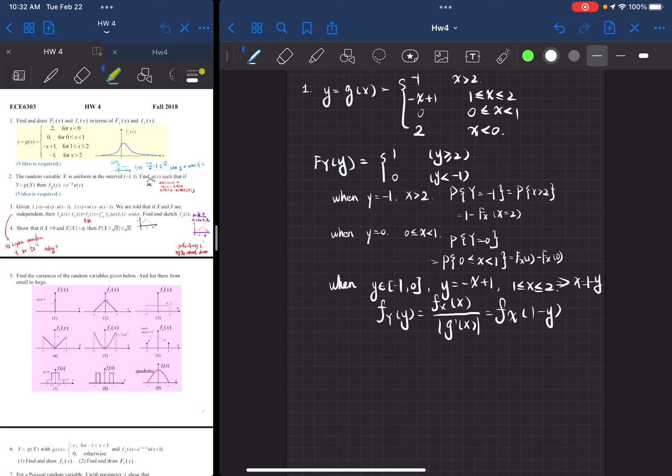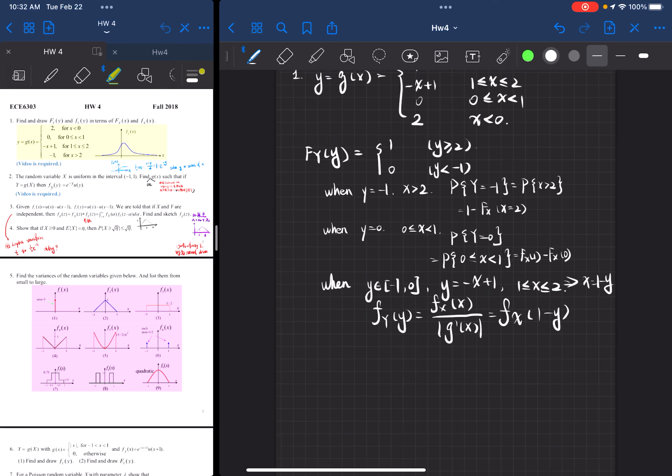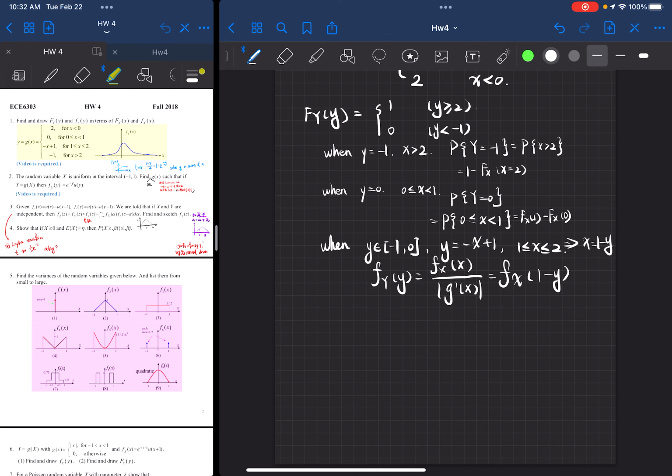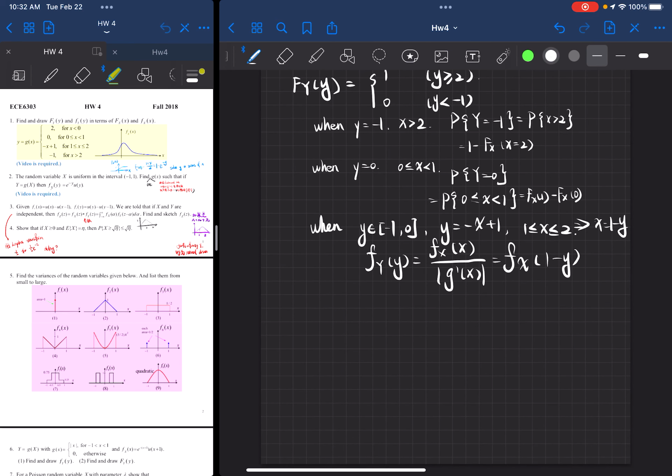We have not gotten the value for y from 0 to 1 because y cannot be 0 to 1 according to g(x). So here we can write the summary of the density function of y.